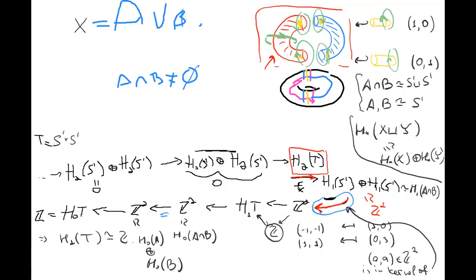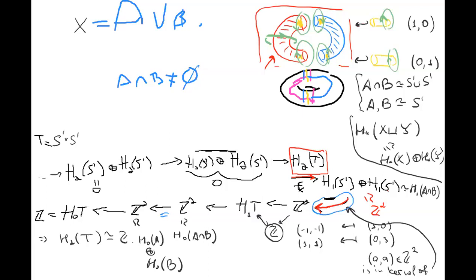So okay, let's see. On the level of the components, you have kind of only positive maps.